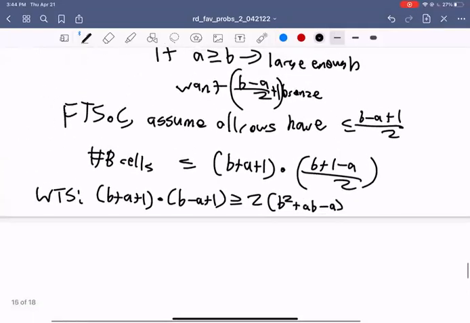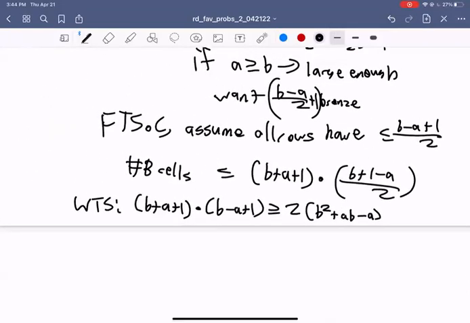And in fact, we have that B squared plus 2B plus 1 minus A squared is greater than or equal to 2B. This is less than because we want to show that there's not enough bronze cells, and this is the minimum. So we want to show this.